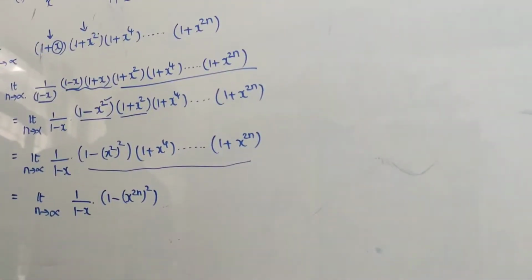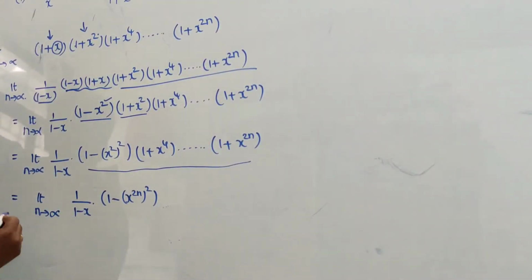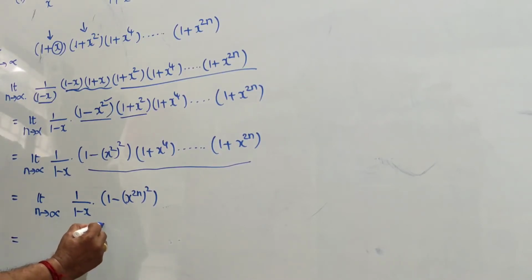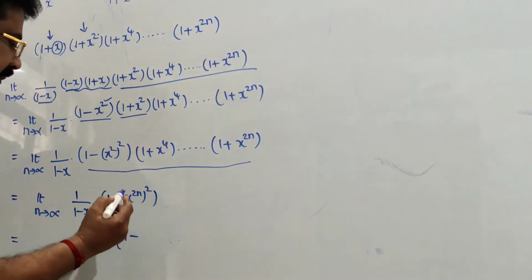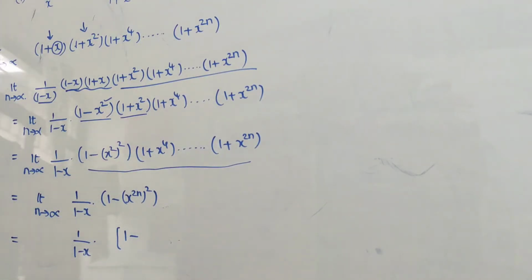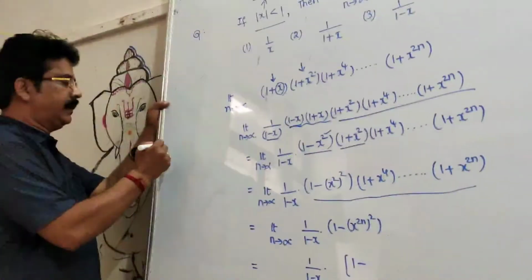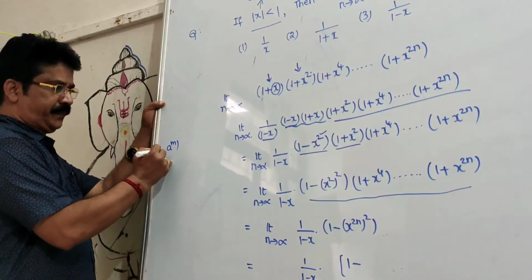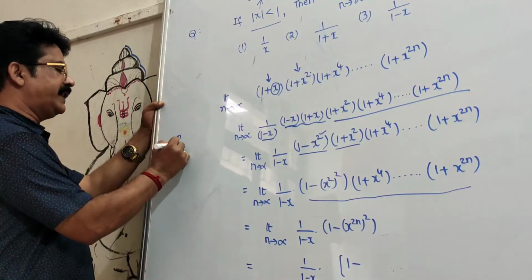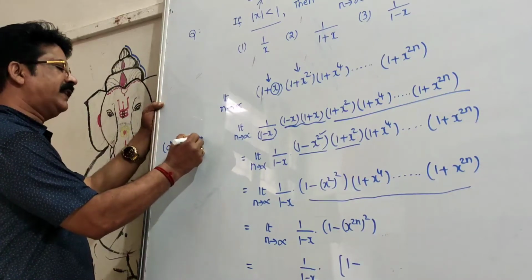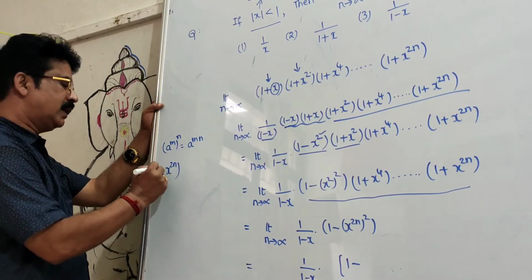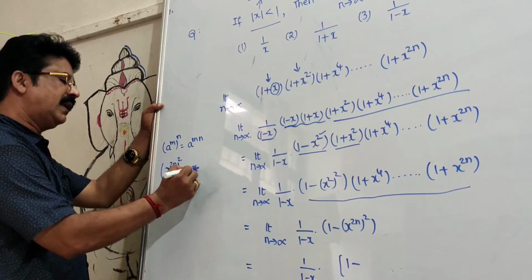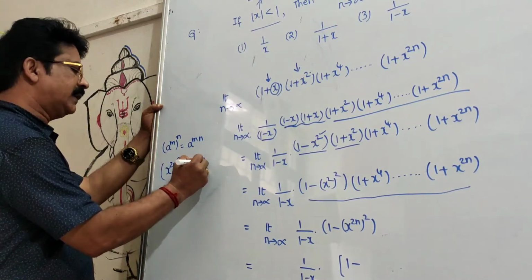Understand? Right. So that is equal to 1 by 1 minus x into the bracket beginning with 1 minus. Actually, due to indices properties, a to the power of m whole to the power of n is equal to a to the power of m into n, which means x to the power of 2n whole square is equal to x to the power of 4n.